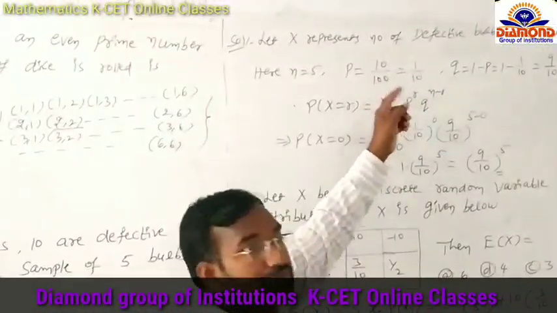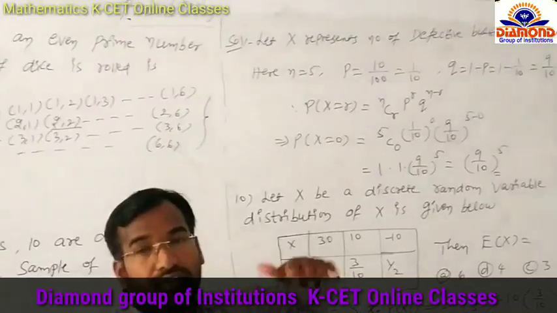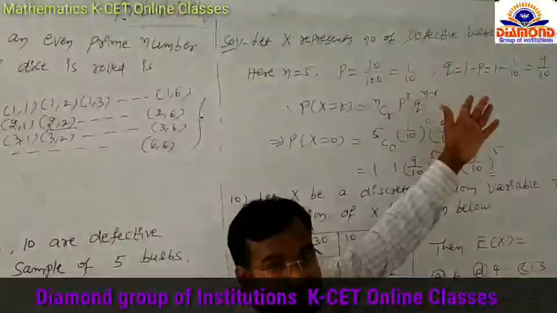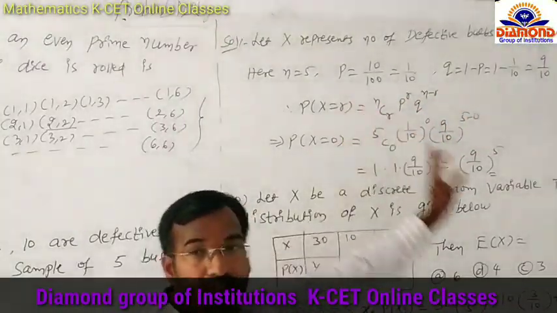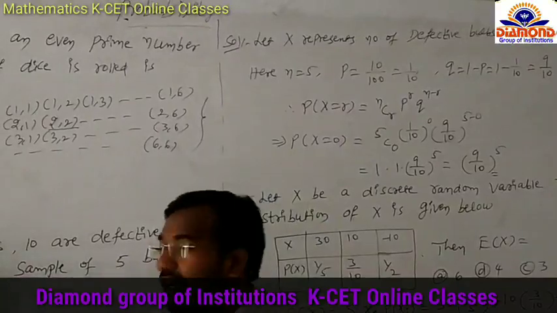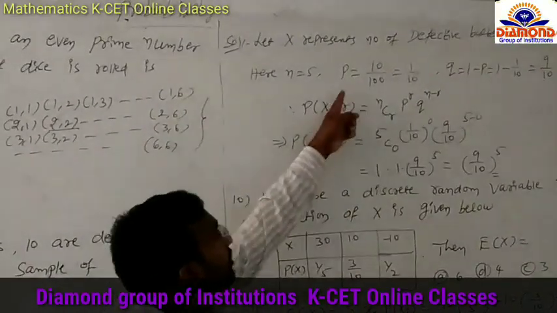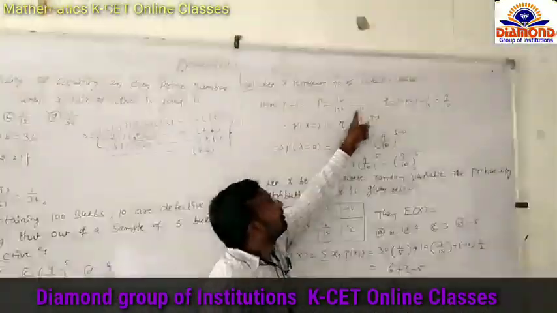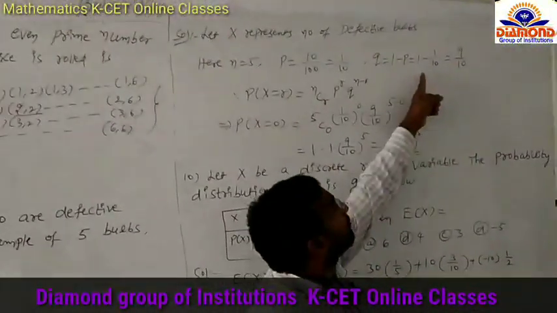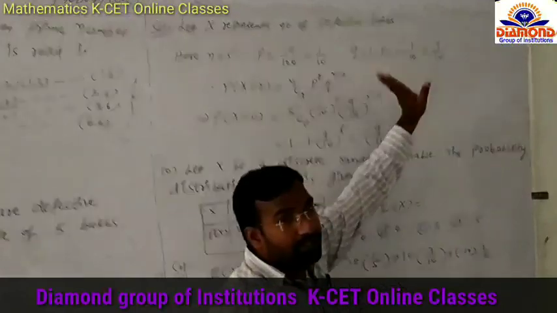Here P represents the probability of success, the probability of a defective bulb. How many defective bulbs? 10 out of 100. So P equals 10 by 100 equals 1 by 10. Q equals 1 minus P, which equals 1 minus 1 by 10 equals 9 by 10.